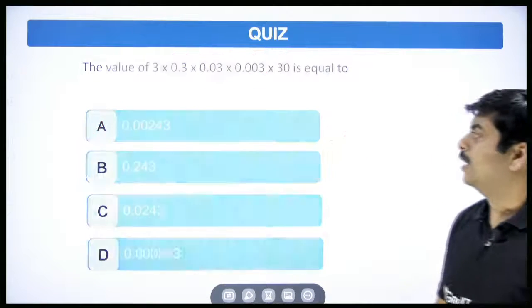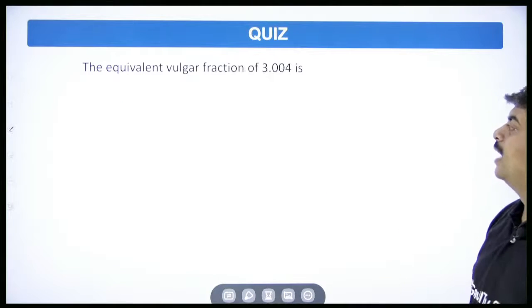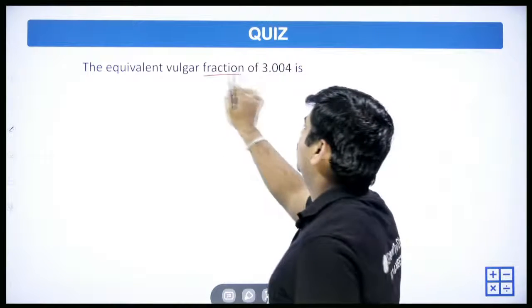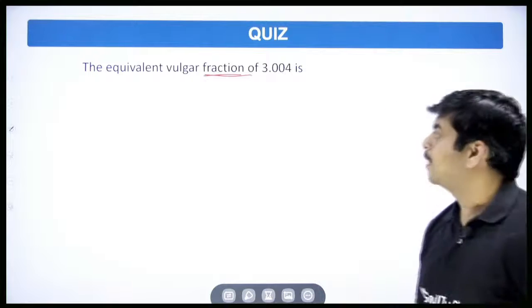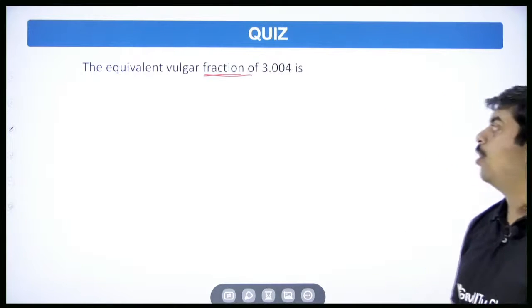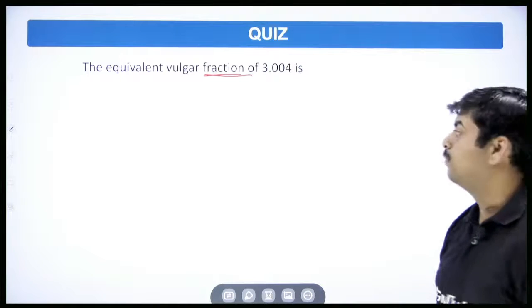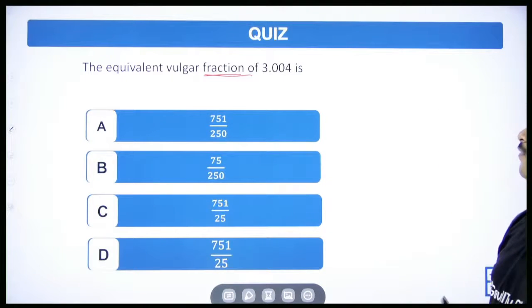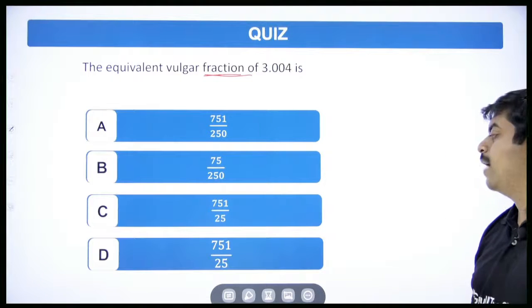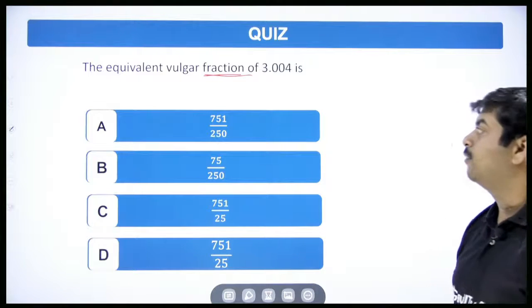Okay, so the next one: the equivalent vulgar fraction, or fraction, both are the same, of 3.004 is: 751 by 250, 75 by 250, 751 by 25, or 751 by 25.